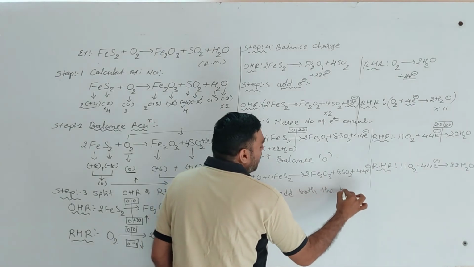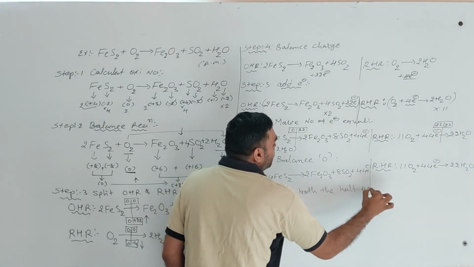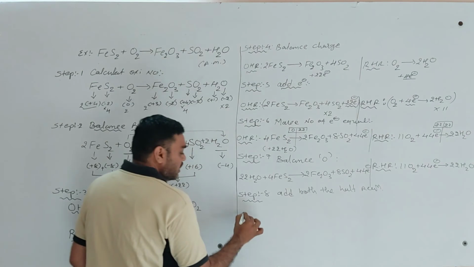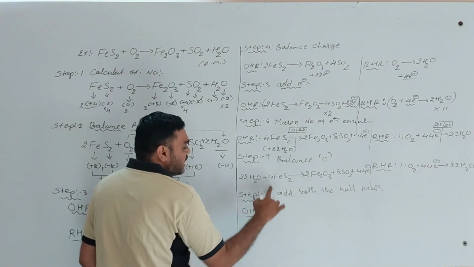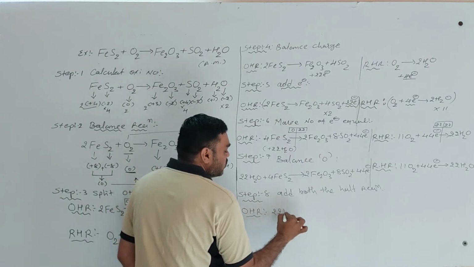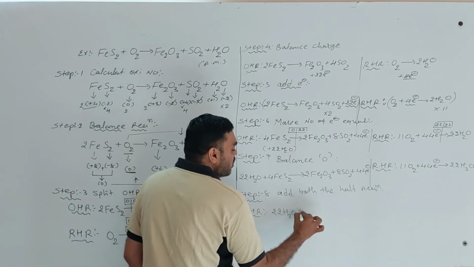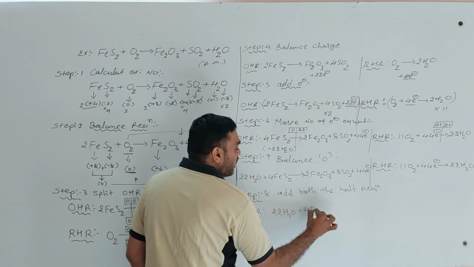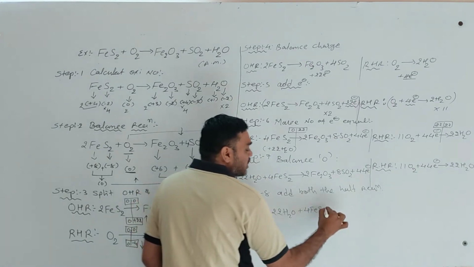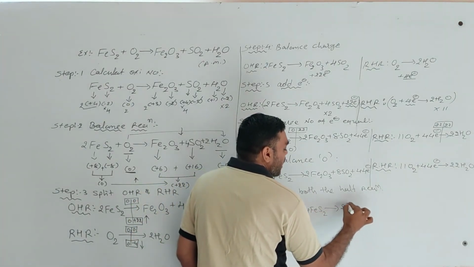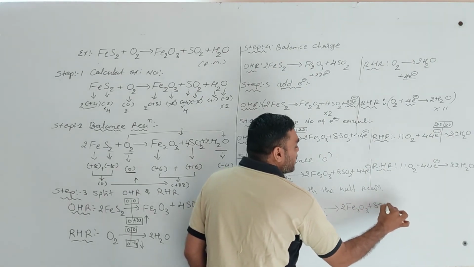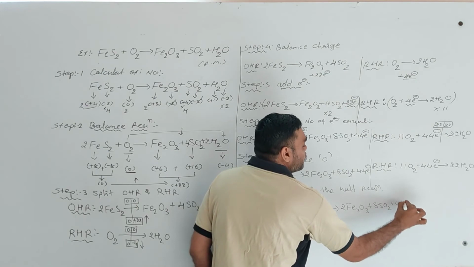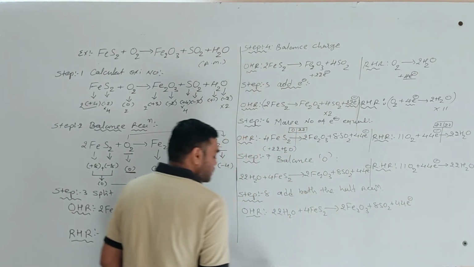Here you find the oxidation half reaction: 22 H2O plus 4 FeS2 gives 2 Fe2O3 plus 8 SO2 plus 44 electrons.